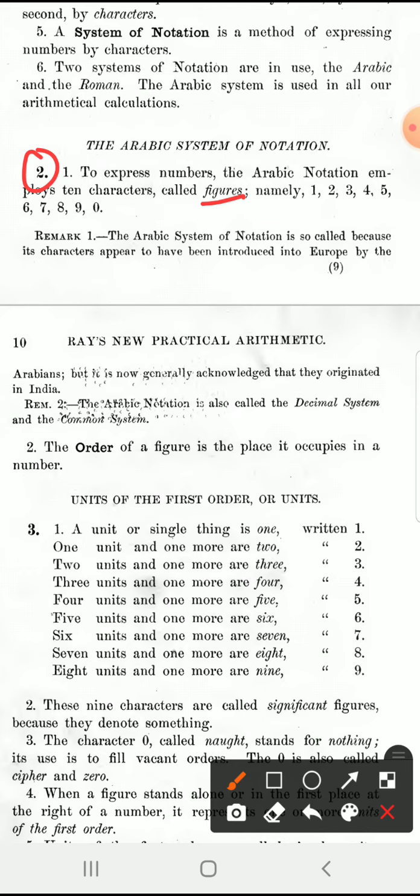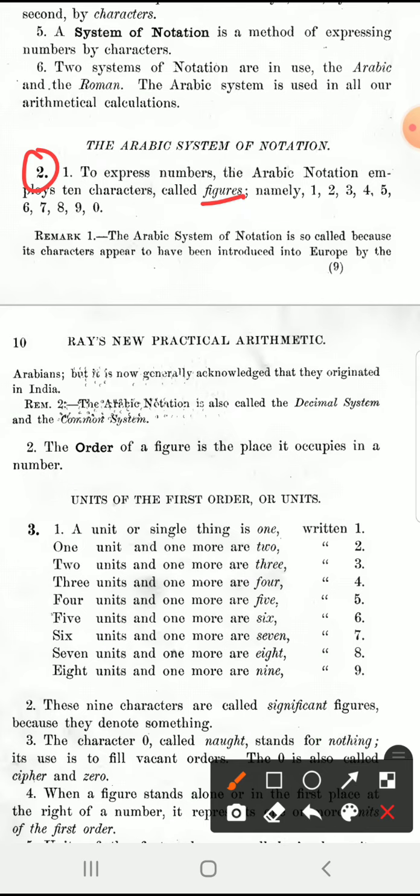And what that means is that any number from the number 1 all the way to the highest number you can count or imagine in the Arabic system of notation can be expressed using only 10 different characters. That's what makes the Arabic system so valuable and helpful. We can write any number with characters using only 10 different figures.